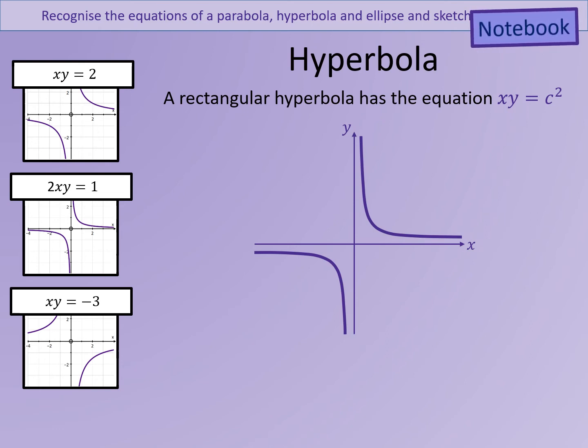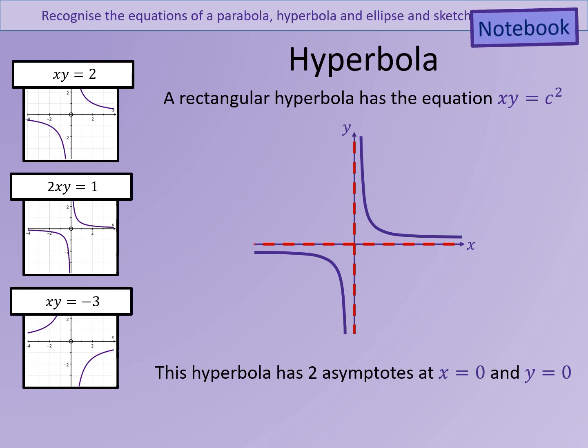The reason we would say c squared rather than just c is because then we know that c squared is definitely a positive number. We could always put negative c squared, which would definitely be a negative number, and this would just give us a reflection in the x or y axis. This hyperbola has two asymptotes, x equals 0 and y equals 0.